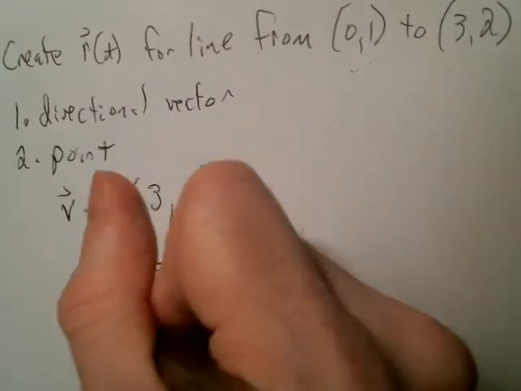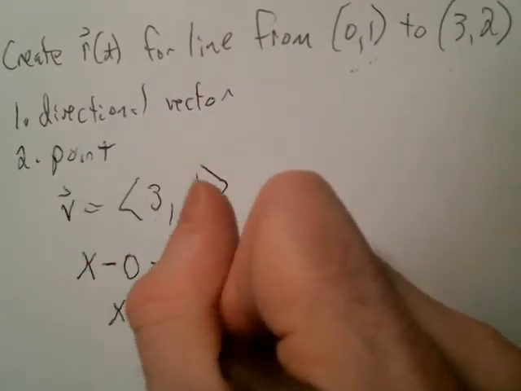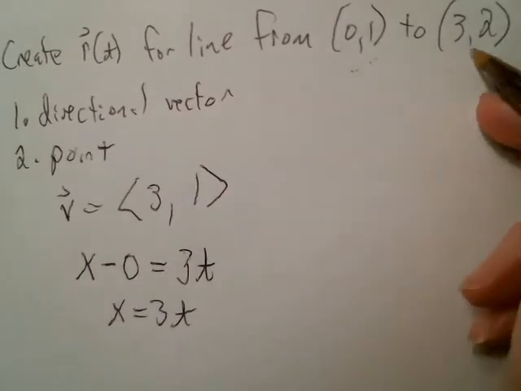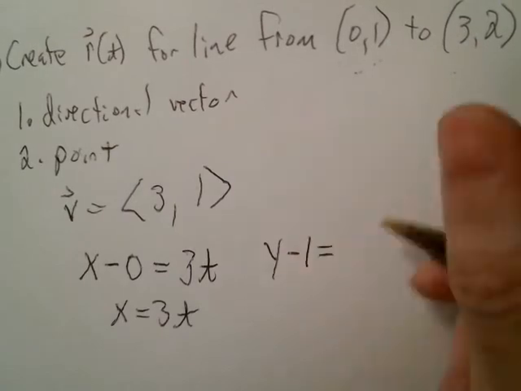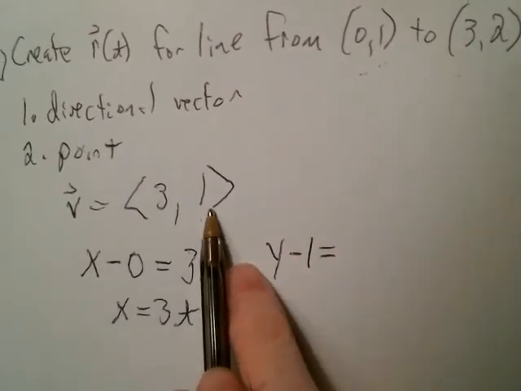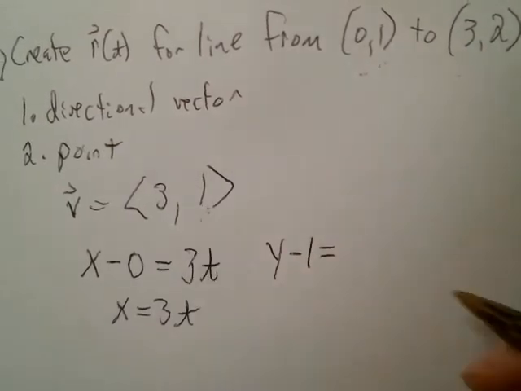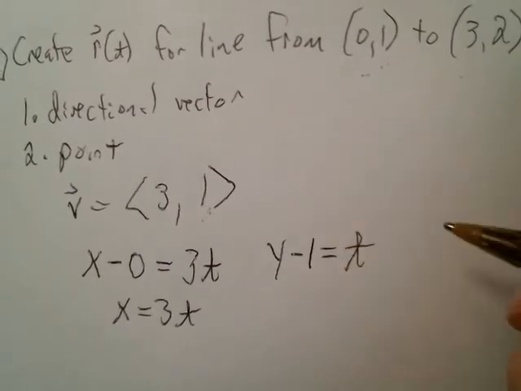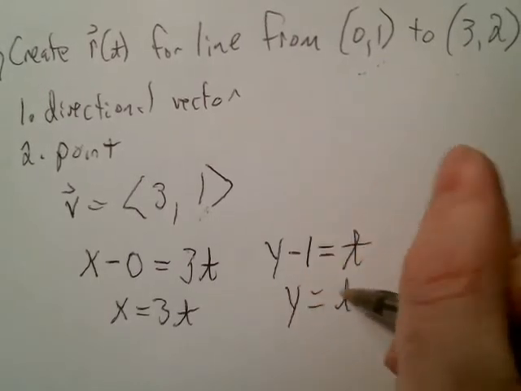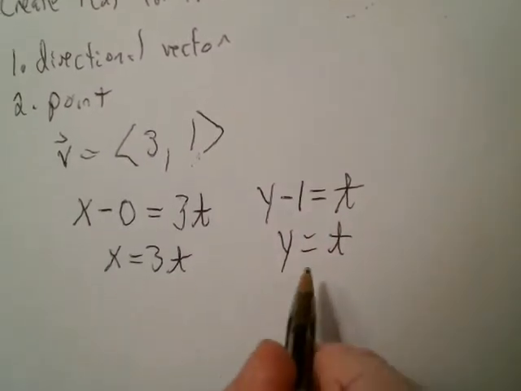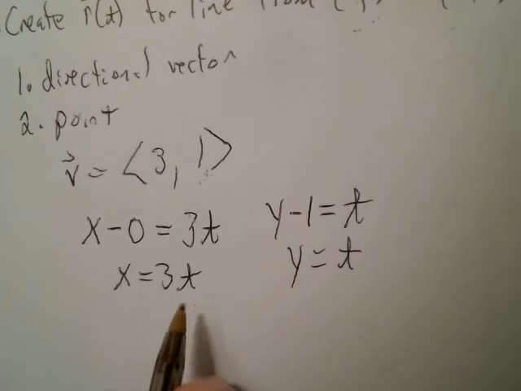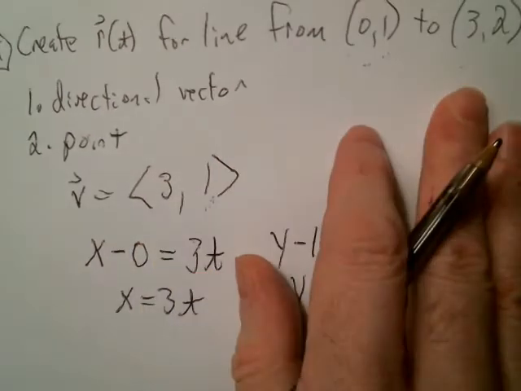So our first component is 3t. And then our second component, y minus 1, has to be a constant multiple of this component here. So it's 1 times t, or t. So y in that case equaled t. Okay? And that would be our set of parametric equations to represent this equation of a line.